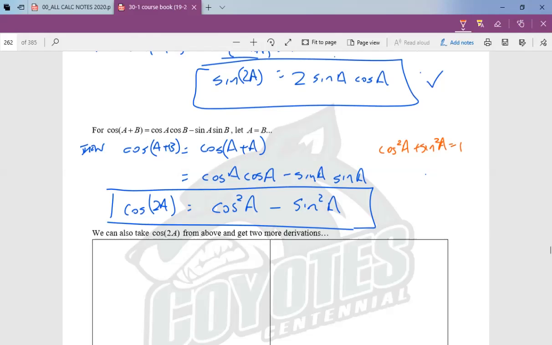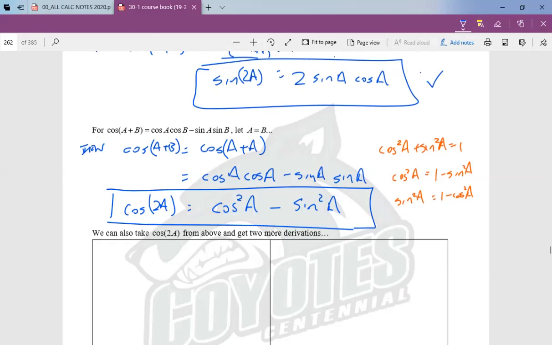There's our basic Pythagorean identity. If I subtract sine squared from both sides, this becomes cos squared A is equal to 1 minus sine squared A. And if I did it the other way, I would solve for sine squared A, which is equal to 1 minus cos squared A. We're going to take each of those and make a second and third version of our cosine double angle formula.